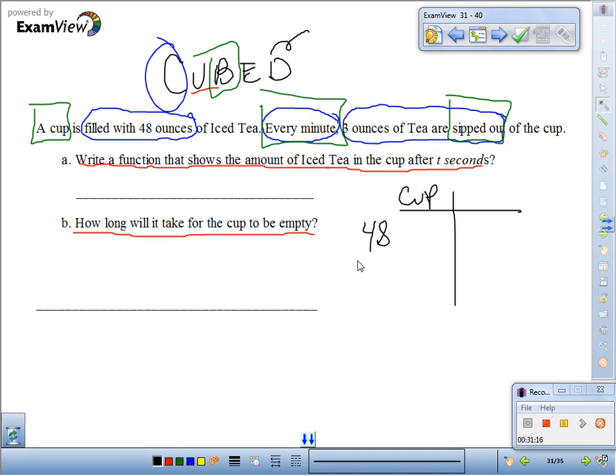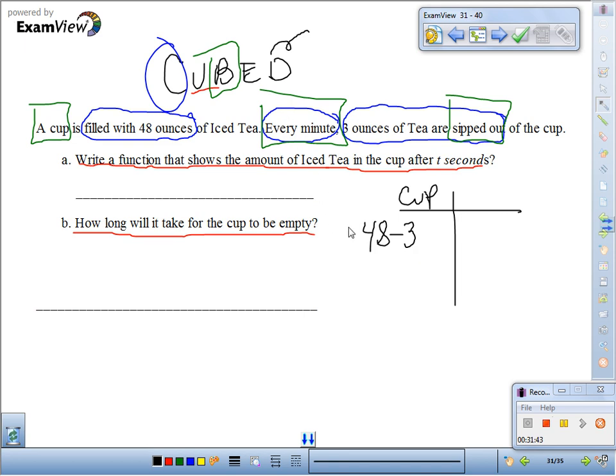So we started with what? 48 ounces. What else does it say? Every minute, 3 ounces of tea are sipped out. What does sipped out mean? Take away 3 ounces every minute.